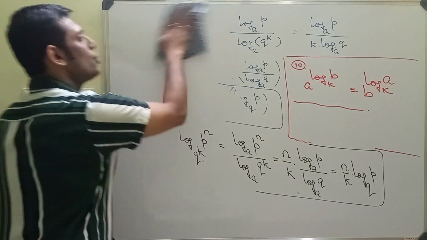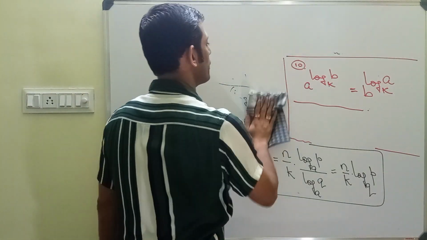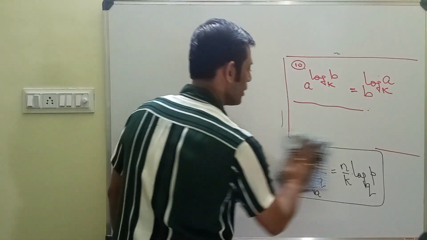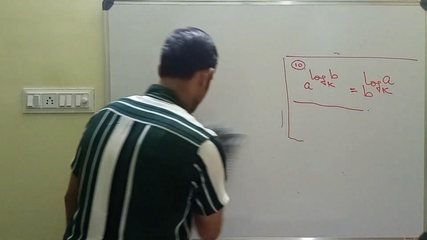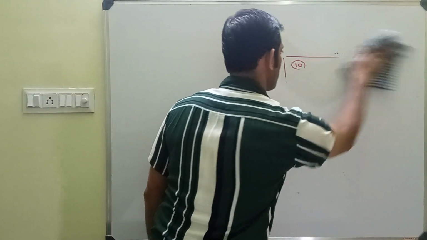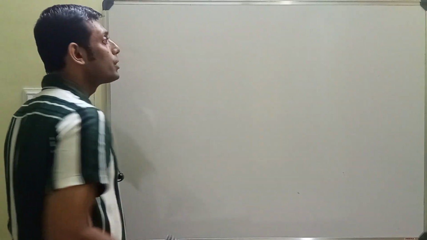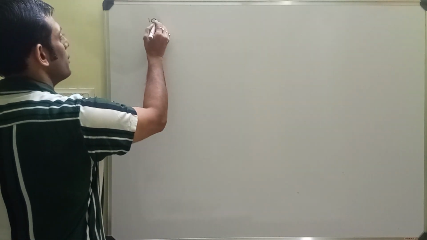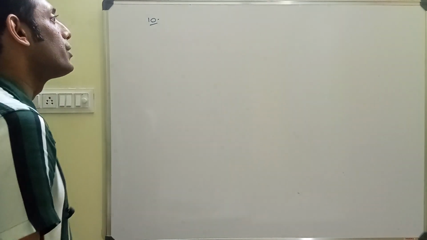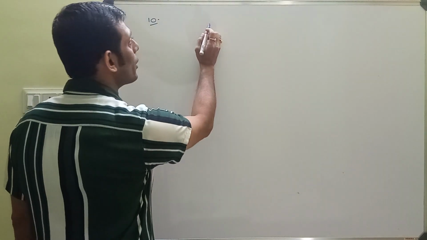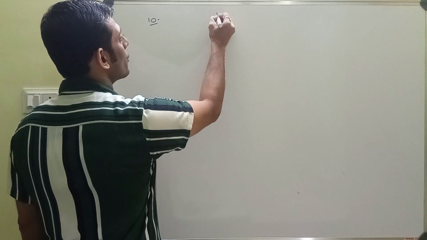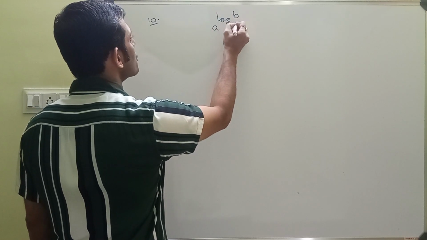Alright, let's go prove this property number 10 right now. On your copy, with a pen. Property number 10: a power log b base k.